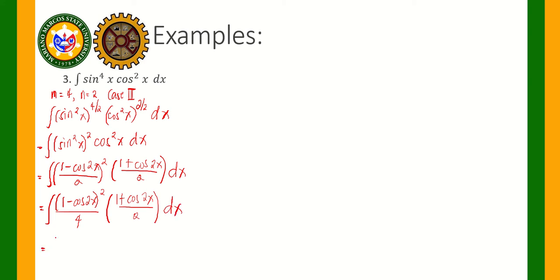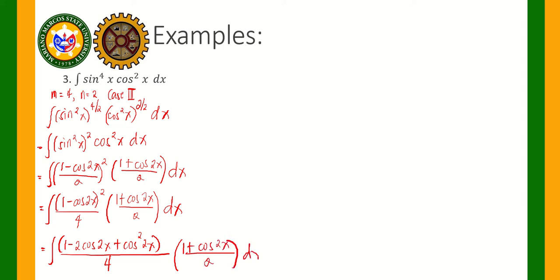This will be equal to the integral of 1 minus 2 cosine 2x plus cosine squared 2x all over 4 multiplied by 1 plus cosine 2x all over 2 and then dx.